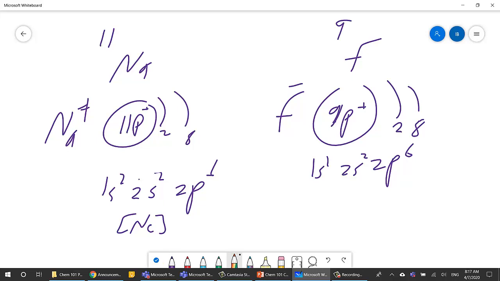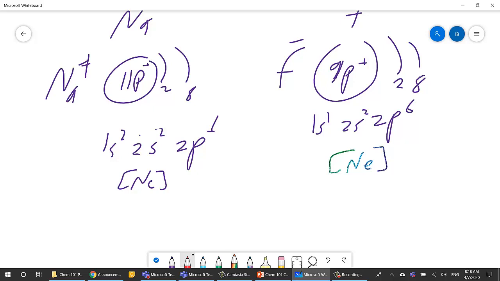As I told you last time, in chemistry, we don't change the number of protons or the nucleus. Now the question is, these are isoelectronic themselves. Isoelectronic means they have the same number of electrons.